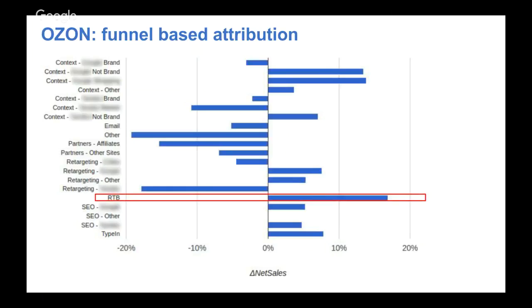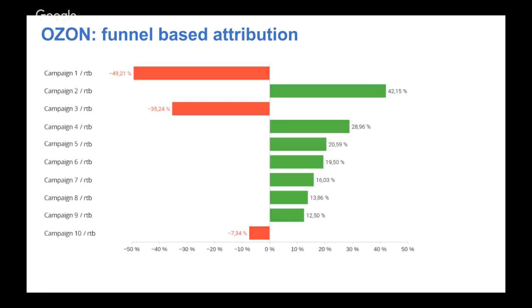So we can see that the RTB channel was underestimated, and after we noticed this, we wanted to look deeper into this with the client and understand which exactly campaigns could be improved to increase the total sales.